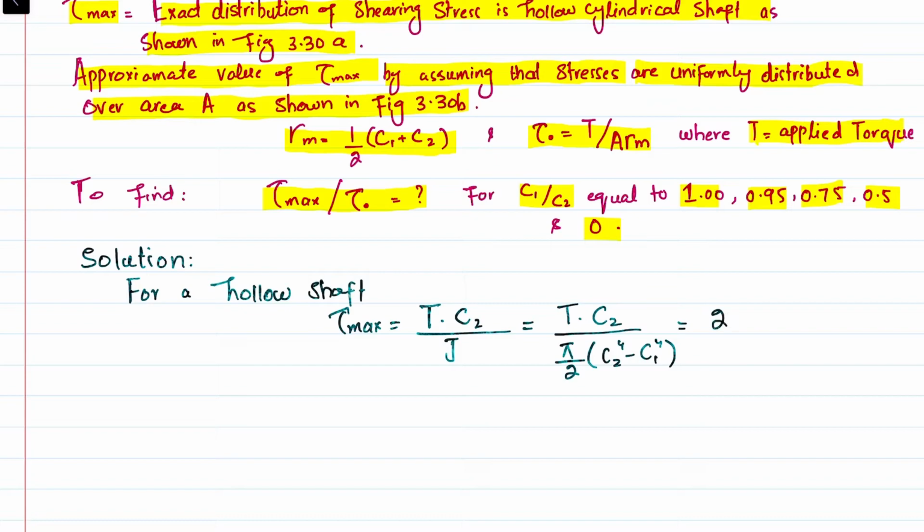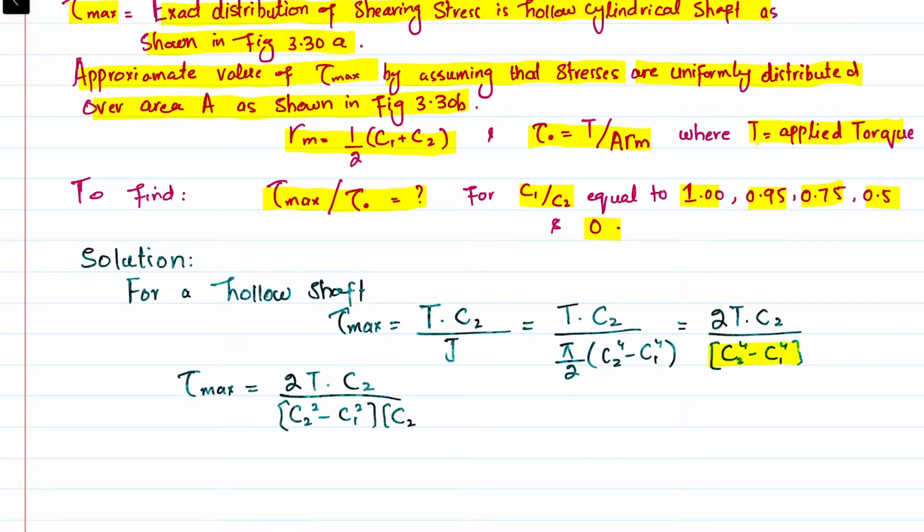So the 2 goes upward, and it will be 2T into C2 divided by pi into C2 power 4 minus C1 power 4. C2 power 4 minus C1 power 4 equals C2 square minus C1 square into C2 square plus C1 square.